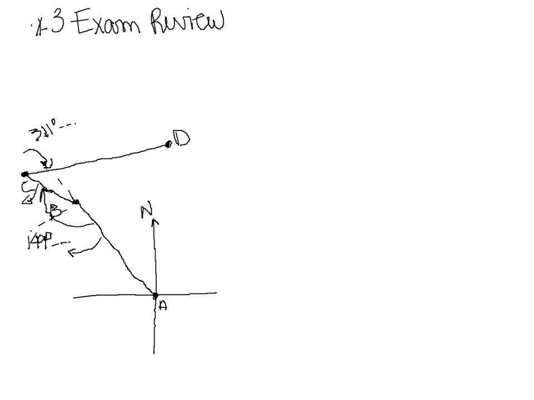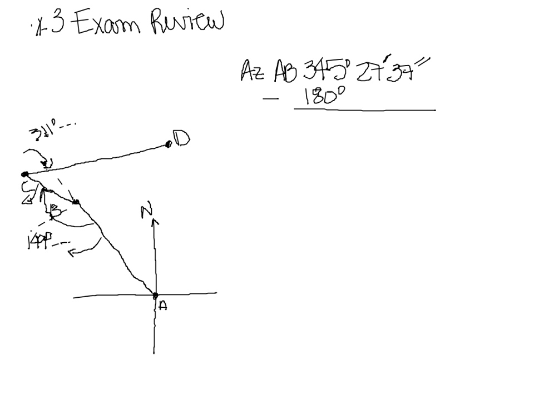So to get that, we have our azimuth of A to B, 345 degrees, 27 minutes, 37 seconds. We're going to subtract 180 degrees to get our reverse azimuth.